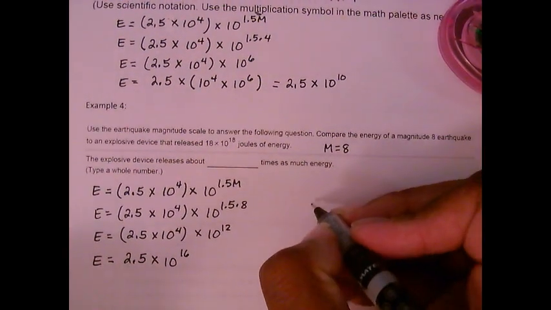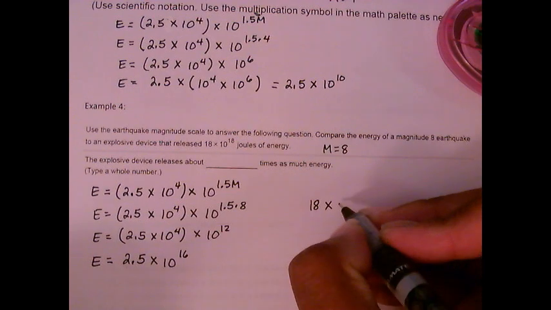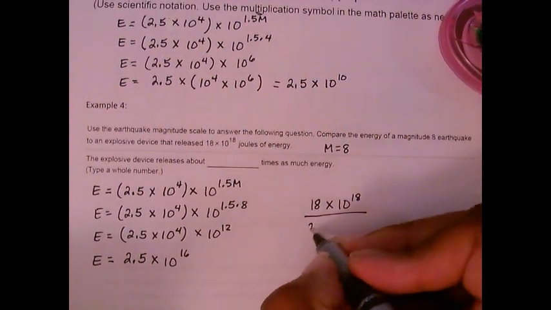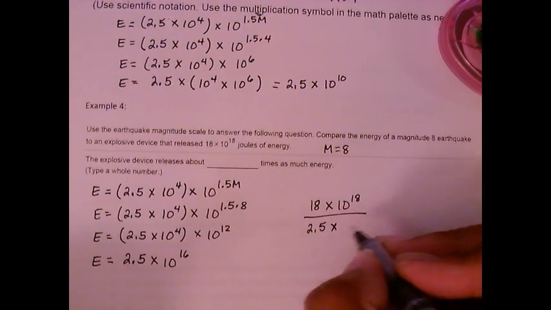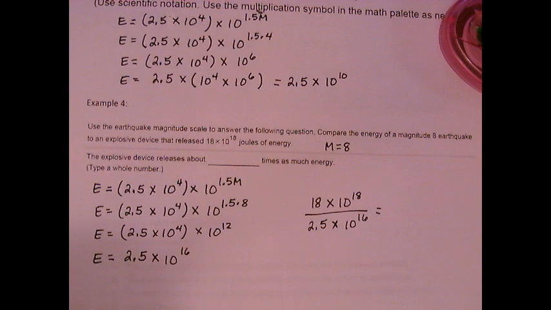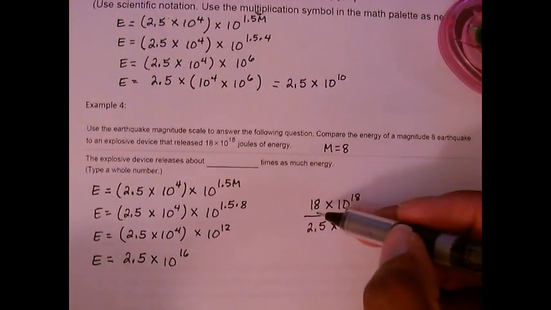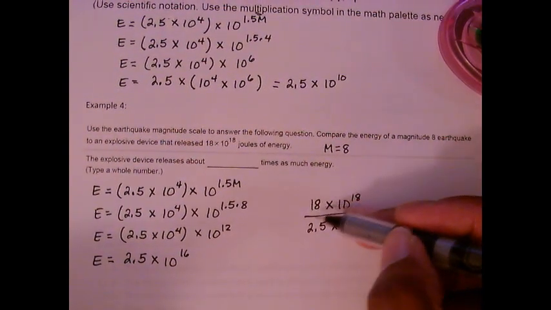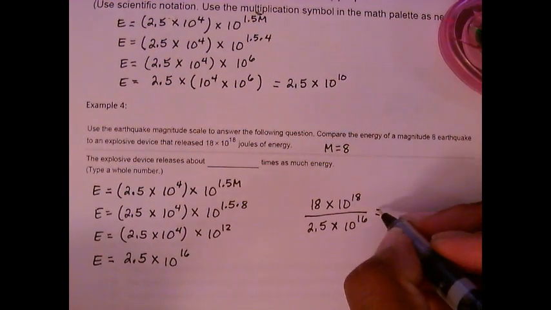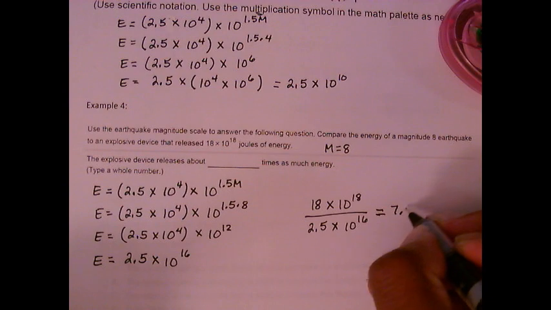So I'm going to take that 18 times 10 to the 18th, and divide that by 2.5 times 10 to the 16th. Now here, this is what we do. We take the first part, the 18, and divide that by the 2.5, which I came up with is 7.2.